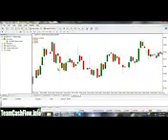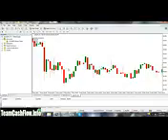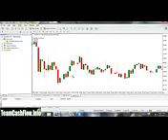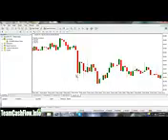This is, of course, an older chart, an earlier time frame, rather, in May. And what this strategy is going to cover is just support and resistance trading, how to spot those levels, and then trade them when they show up.